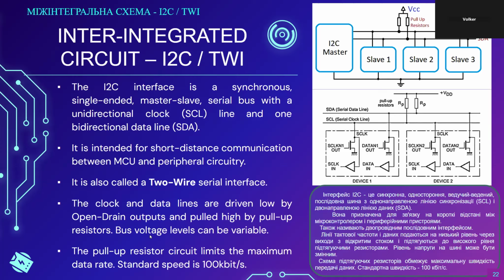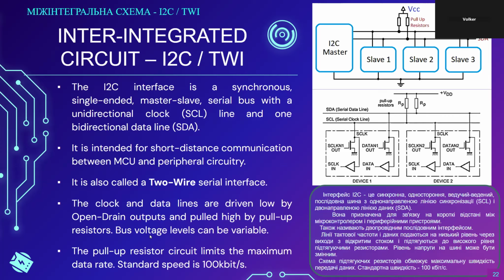It is intended for onboard, on the same circuit board deployment. Master-slave, similar to the SPI bus. Usually the microcontroller is the master. Serial bus with a unidirectional clock line, just like the SPI bus, but a bidirectional data line.